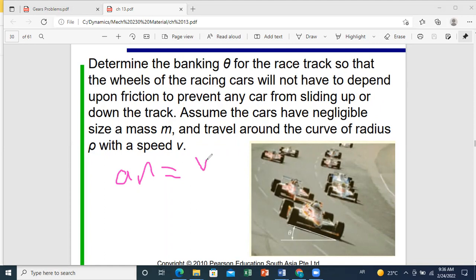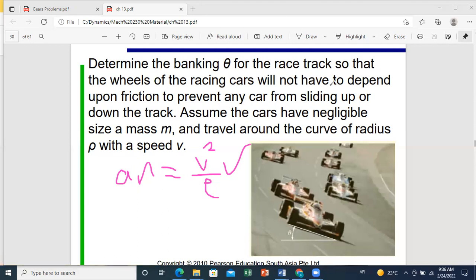So if we are able to calculate the radius of curvature and we have the speed, we have the advantage of knowing AN. So already one of our unknowns is found. This is why whenever you have circular motion, or whenever you have a curve y as a function of x, you know the function, think about normal tangential coordinates.